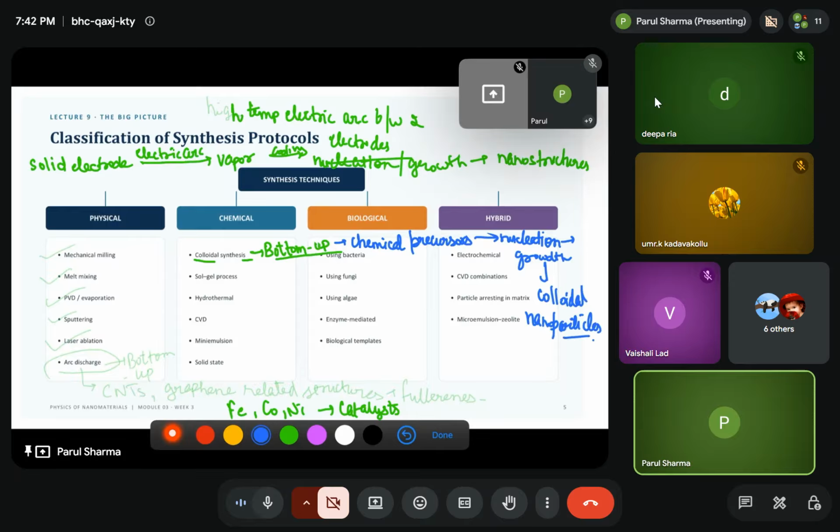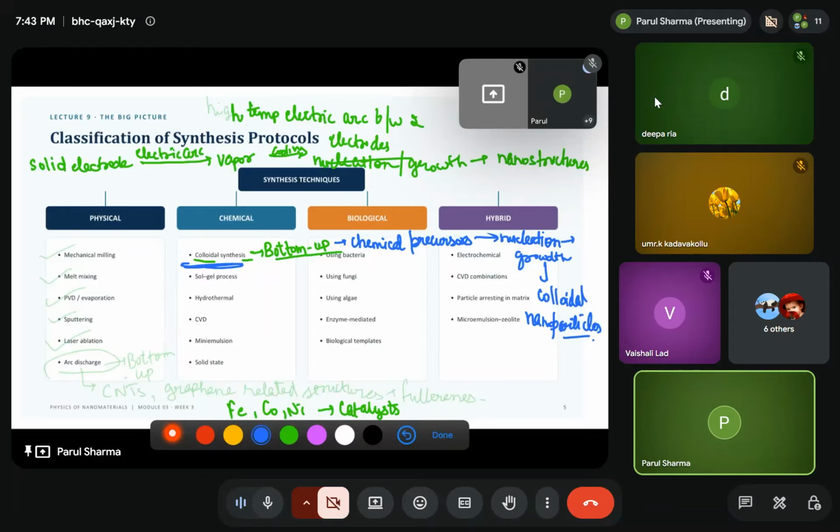So what is a colloid? Before understanding the synthesis we need to understand the word colloid. A colloid is a system in which very small particles are dispersed throughout another phase. For nanoparticle synthesis we have nanoparticles dispersed in a liquid.